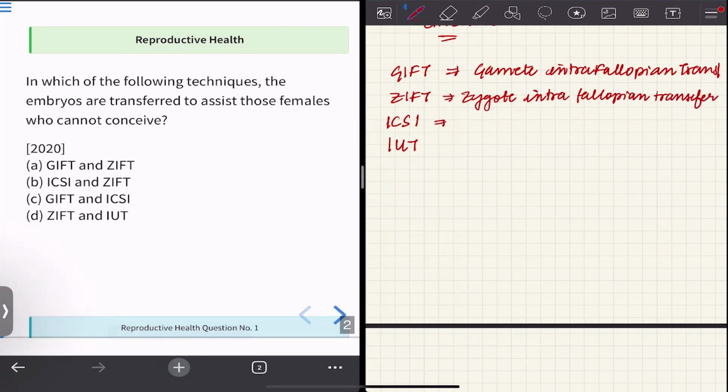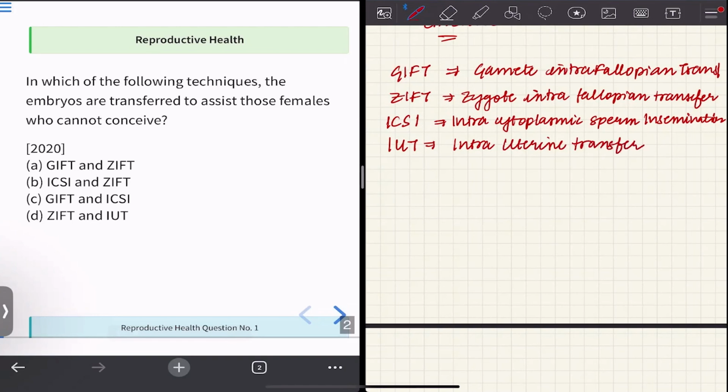Then we have ICSI, which is intracytoplasmic sperm insemination. And then we have IUT, which is intrauterine transfer. Okay. So let us have a quick look at all these techniques.